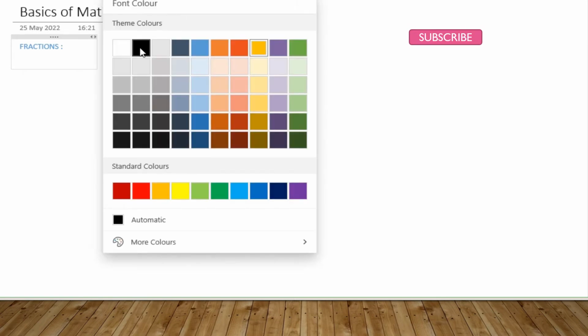Does anyone know the definition of fractions? Okay. Fractions are another way to express divisions.